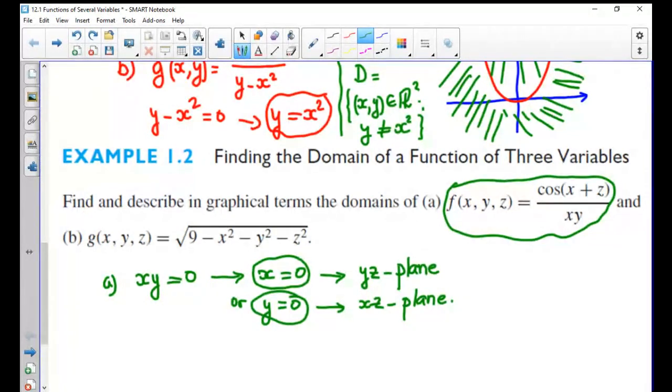So if we want to graph it, it will look a bit messy.